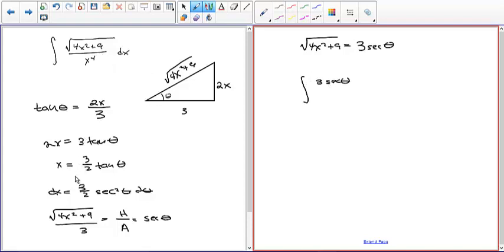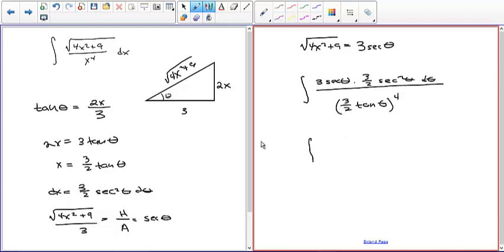For dx, we'll stick in 3/2 secant squared theta d theta. And for x, we'll put in 3/2 tangent theta and raise that to the 4th power. It's not a whole lot of simplification we could do.